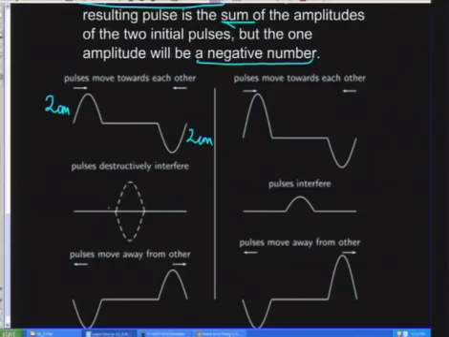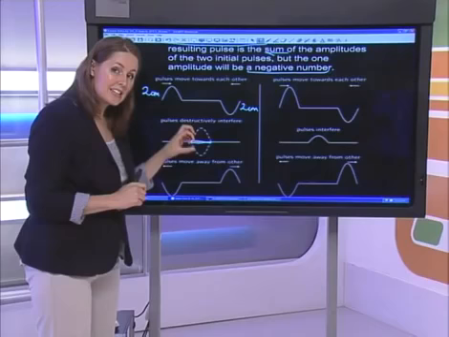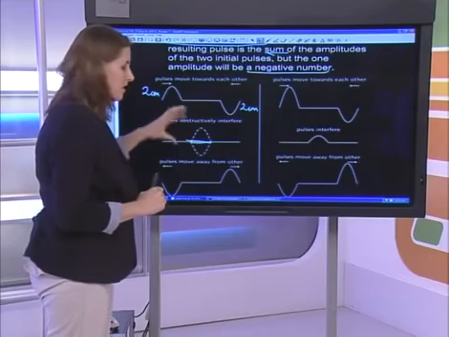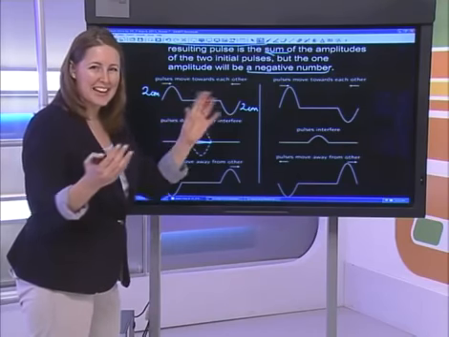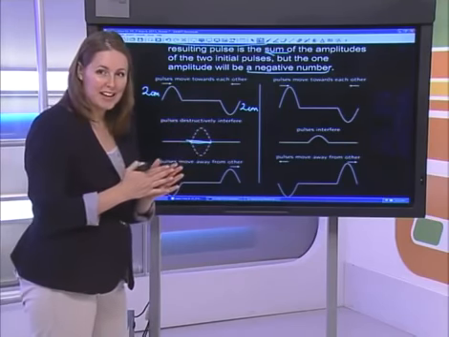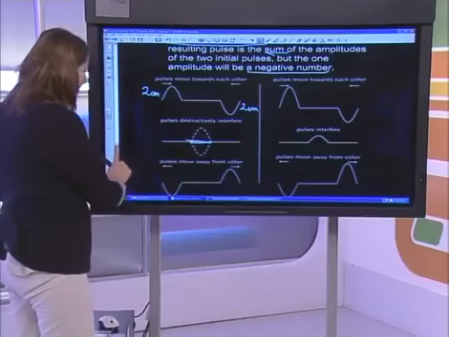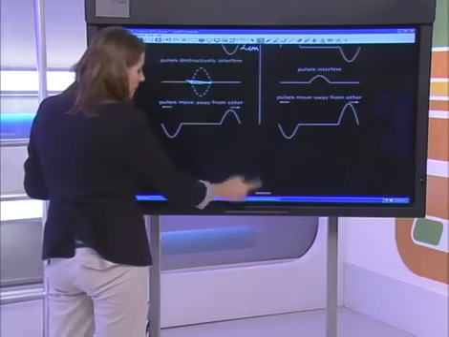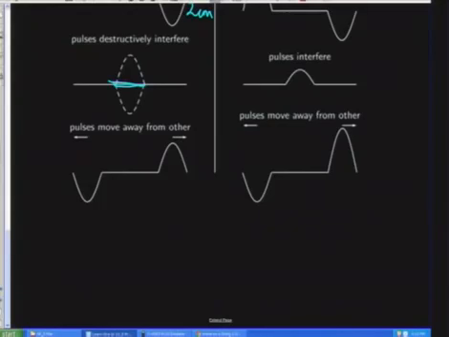And so if you notice, for that instant, we have a straight line where the positive pulse is shown as a little dotted line and the negative pulse is a dotted line to indicate that they are there, but the effects of them have cancelled out. And then notice the waves move past one another and carry on undisturbed.